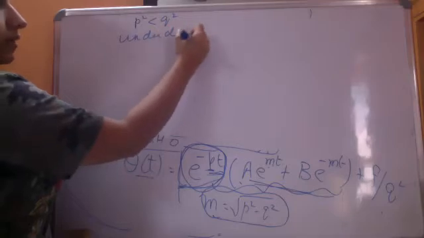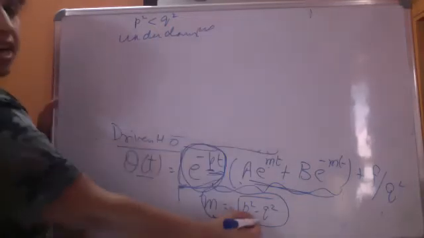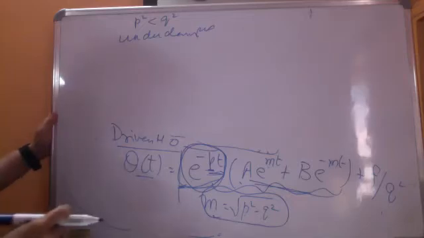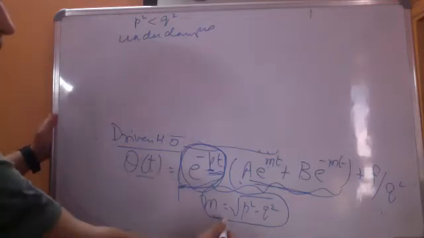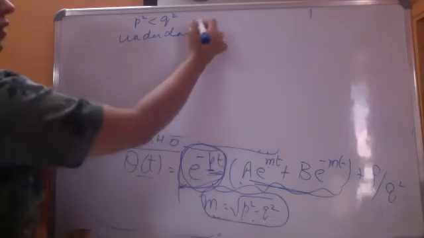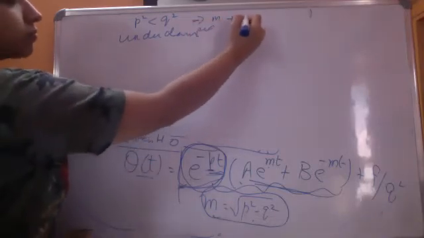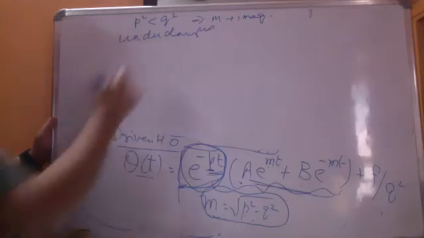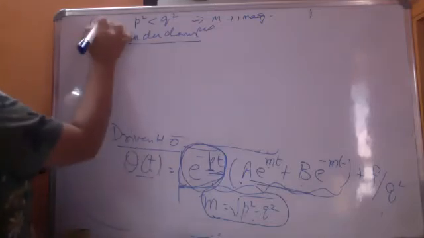Why? If you look at P square less than Q square, it means that your m is imaginary and you have sinusoidal solutions here. This condition is what is known as underdamped.